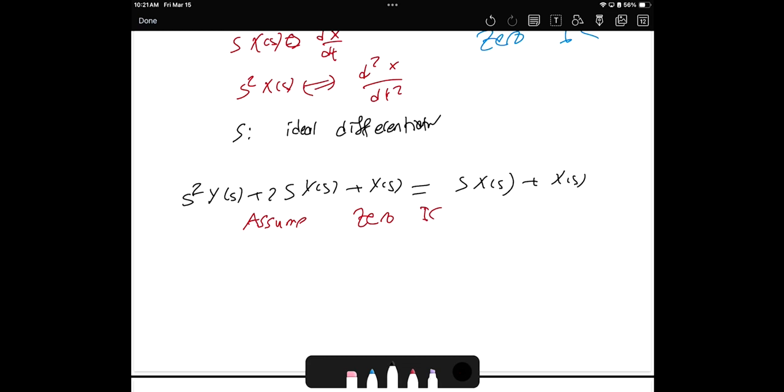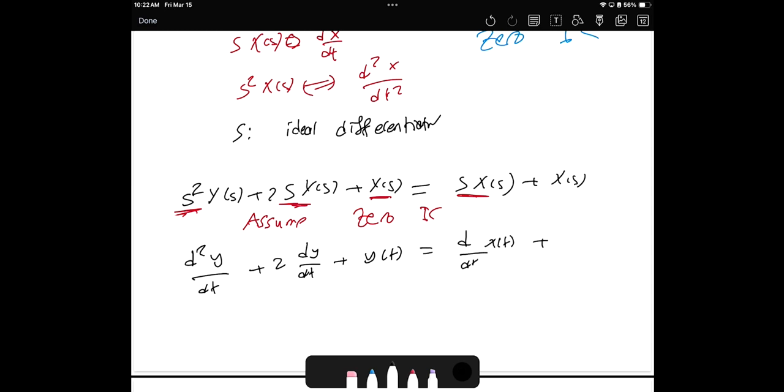Then I can convert this: second derivative, first derivative, no derivative, first derivative. So this yields d squared y/dt squared plus 2 dy/dt plus y of t equals dx/dt plus x of t.